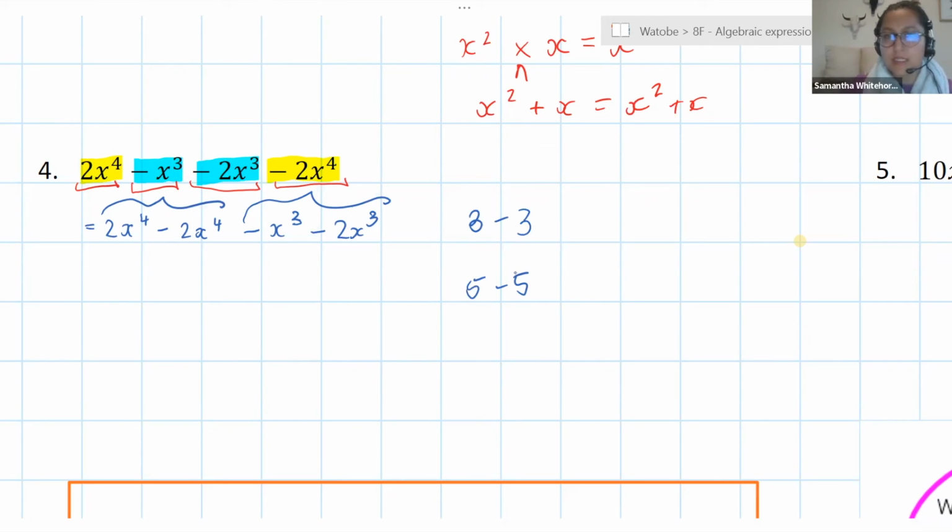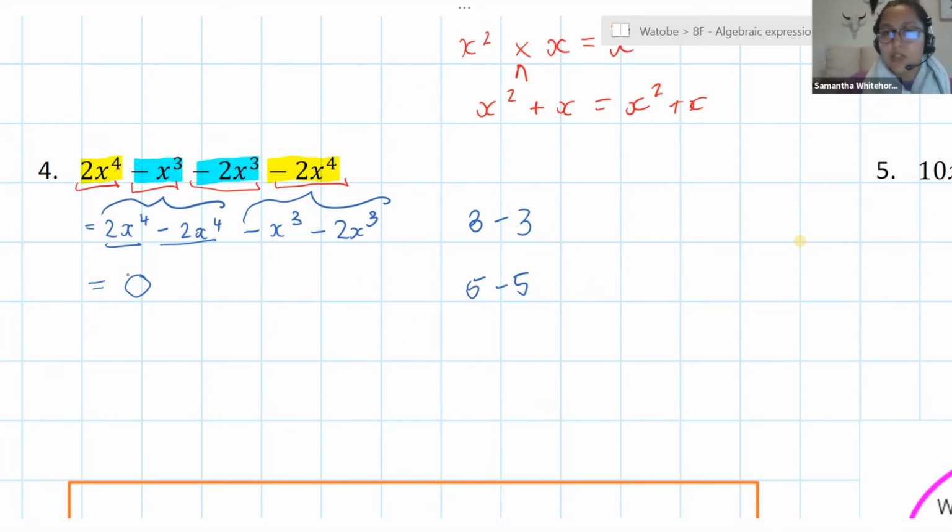Right, awesome. So we get 0. If I take something away from itself, it's 0. So 2x to the power 4 minus 2x to the power 4 is actually just 0. They fall away. They cancel each other out. You don't have to write the 0 there. I'm just putting it there to remind us that that has simplified to 0.